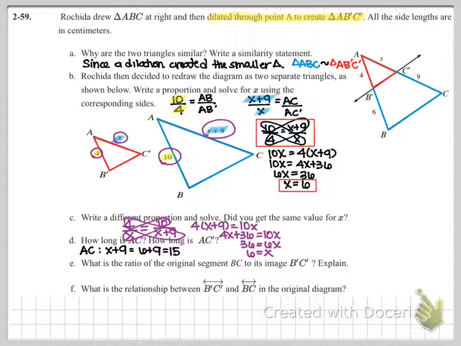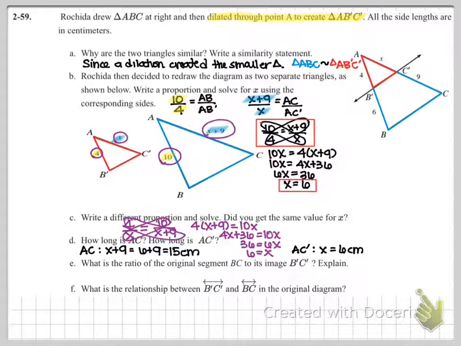Yeah, so that's going to be 15 centimeters. Okay, so then we should be able to find AC prime. Well, we could have found that first. AC prime was just x, and x was 6. So that's 6 centimeters.